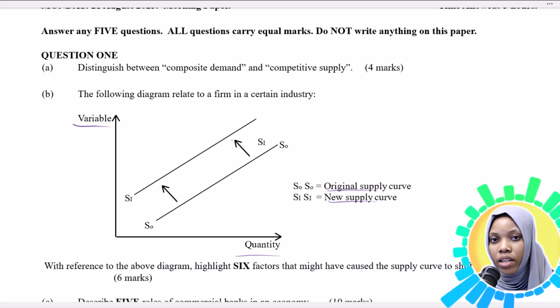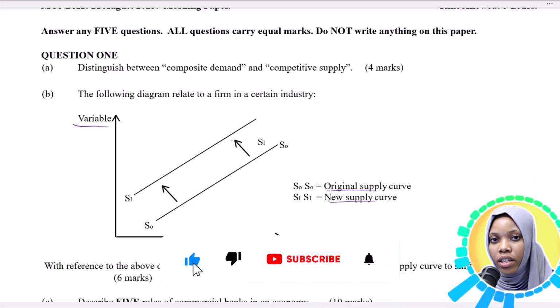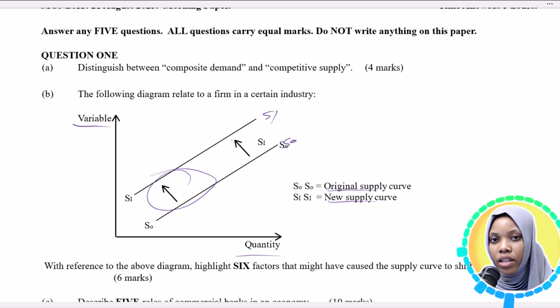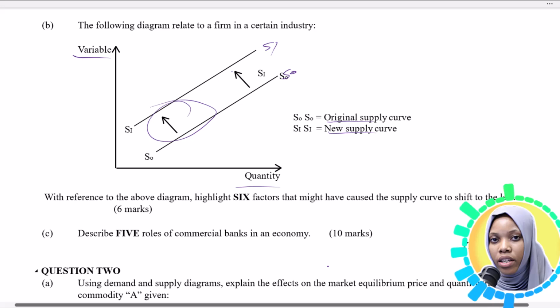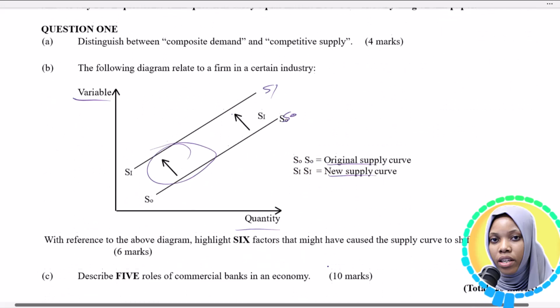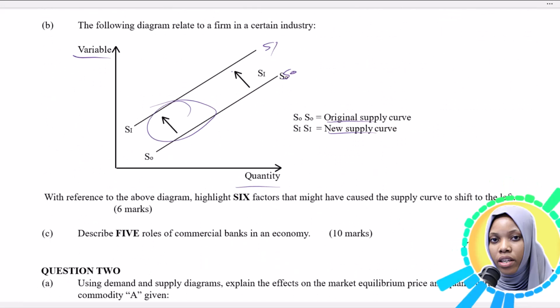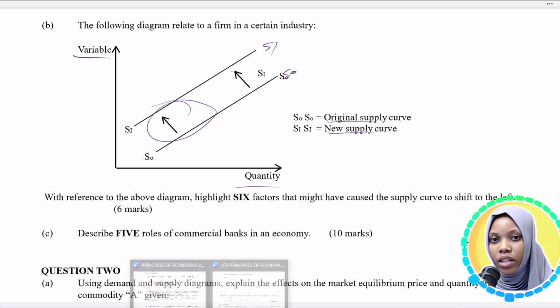With reference to the above diagram, highlight factors that might have caused the shift to the left. It has moved from S0 to S1, and the examiner wants us to tell him what could have caused this. Let's see the answers I've prepared for you.